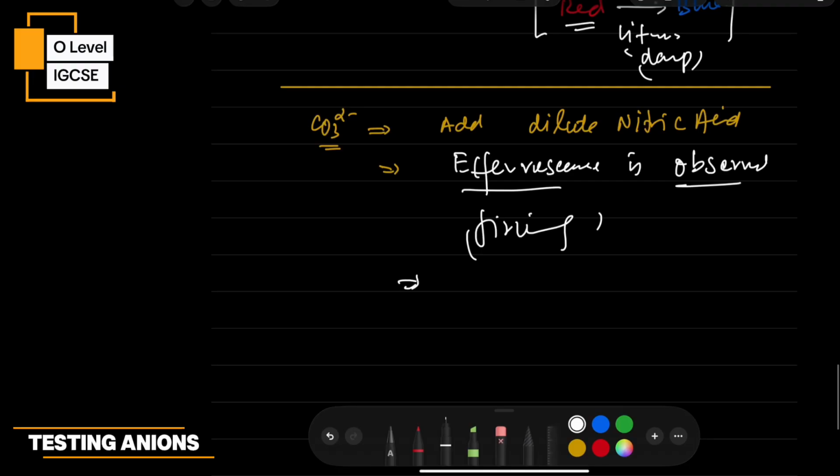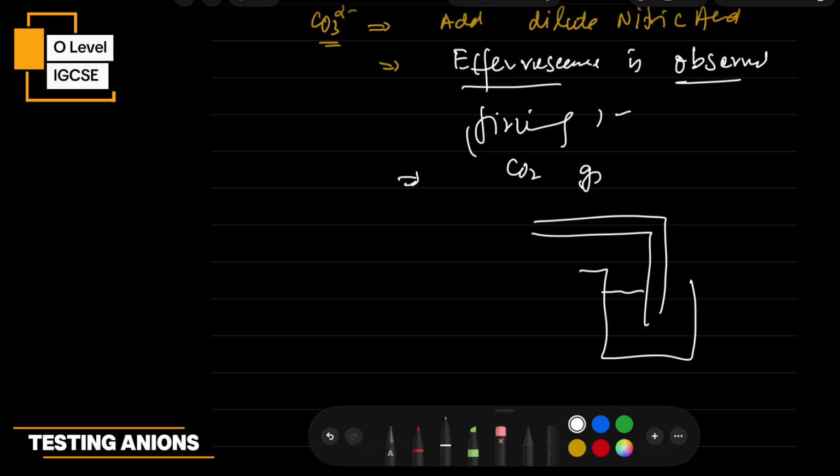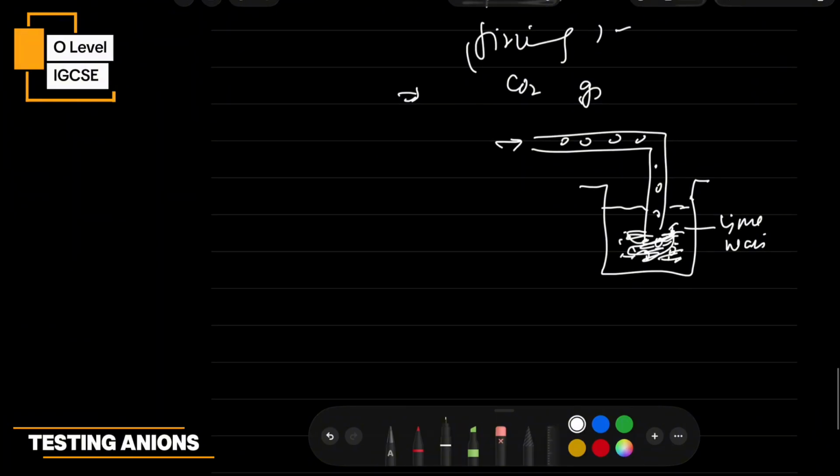You can also confirm it. Why is the fizzing observed? Because there is formation of CO2 gas, and when you pass this CO2 gas through a lime water solution, for example, this is the lime water, it will turn lime water milky.